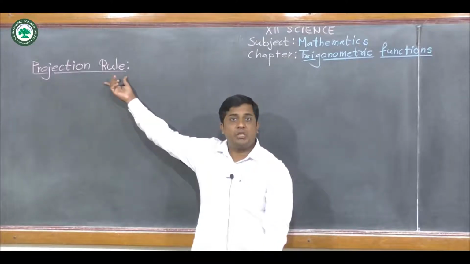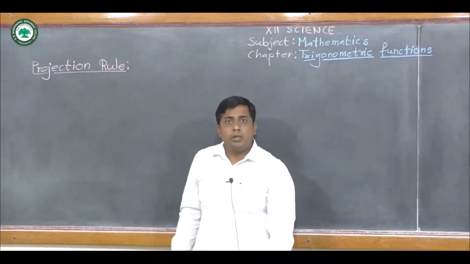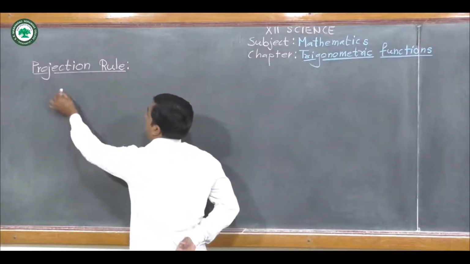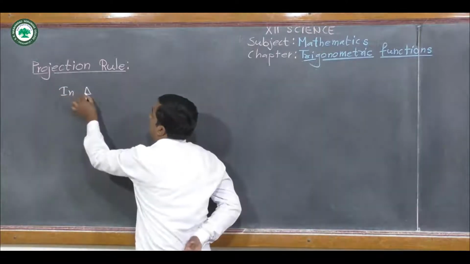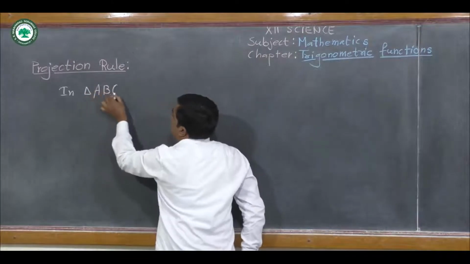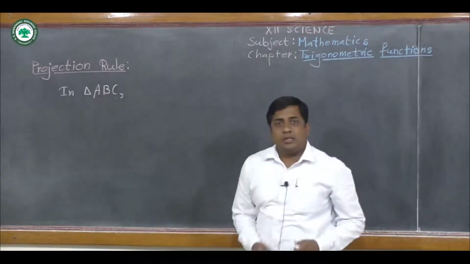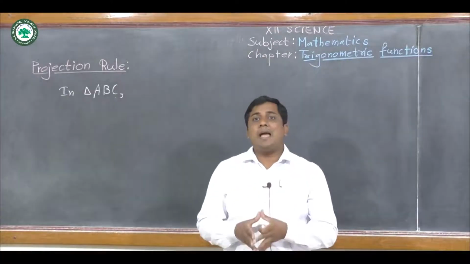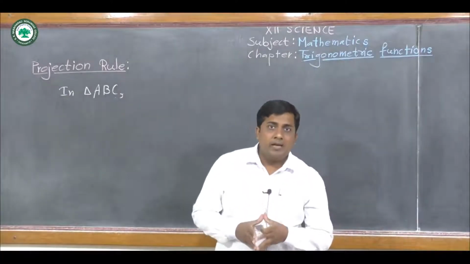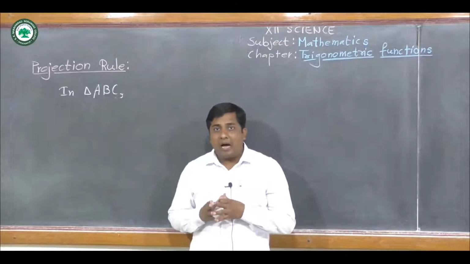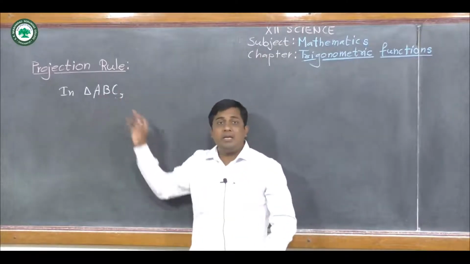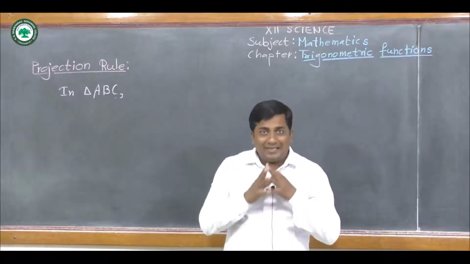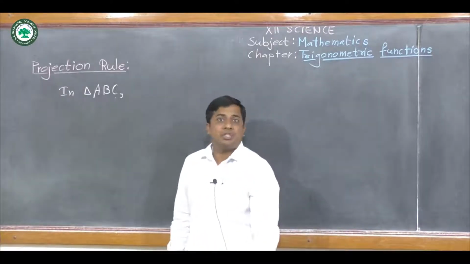To define the projection rule, we consider triangle ABC. In triangle ABC, the lengths of the sides are a, b and c, and the angles are angle A, angle B and angle C. Related to these elements, we have a relation.